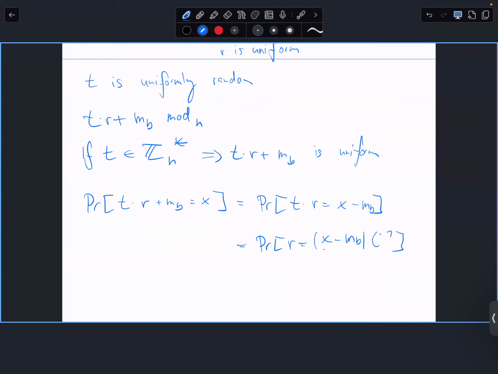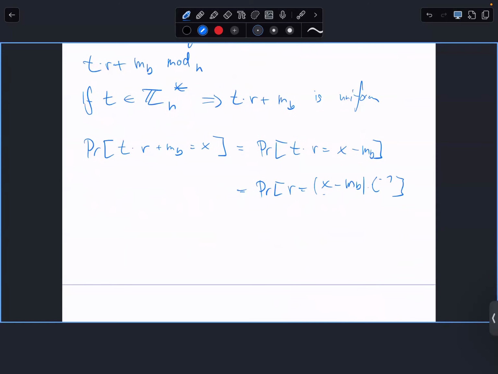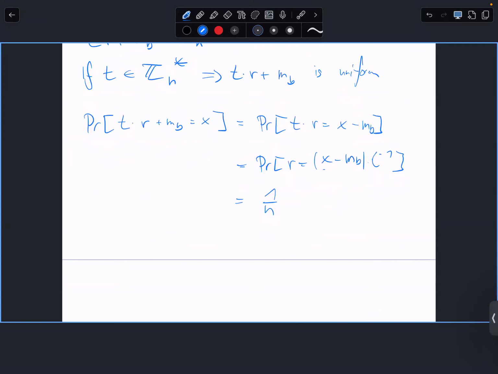But R is chosen uniformly random, right? So this is just 1 over n. Good. So if the probability that T times R plus MB is X is 1 over n, irrespective of X, then T times R plus MB is uniform.